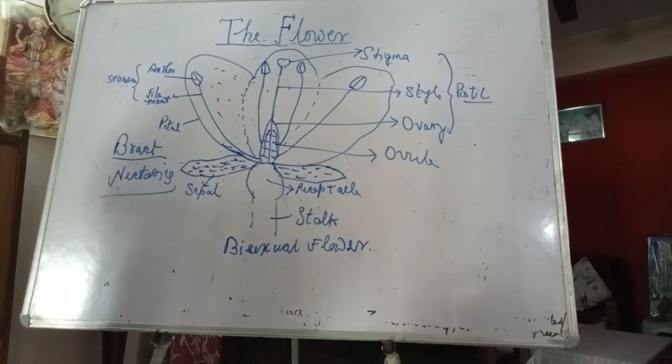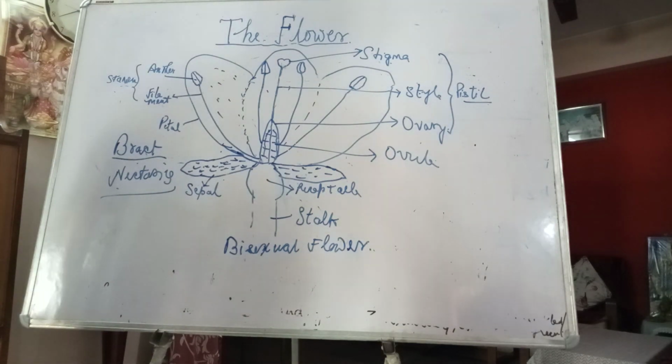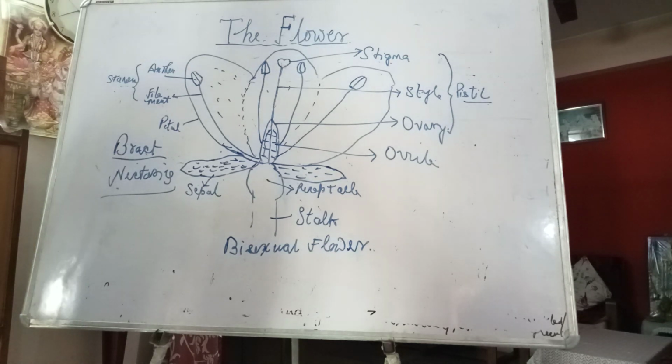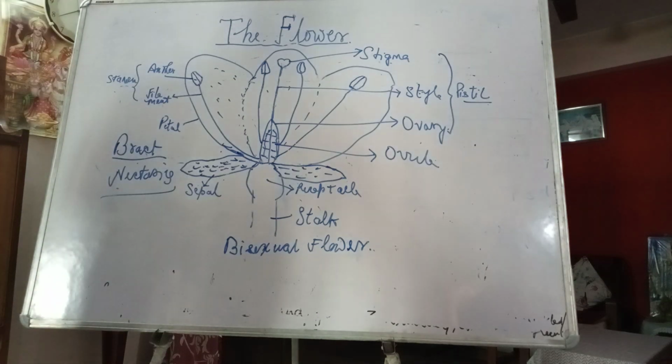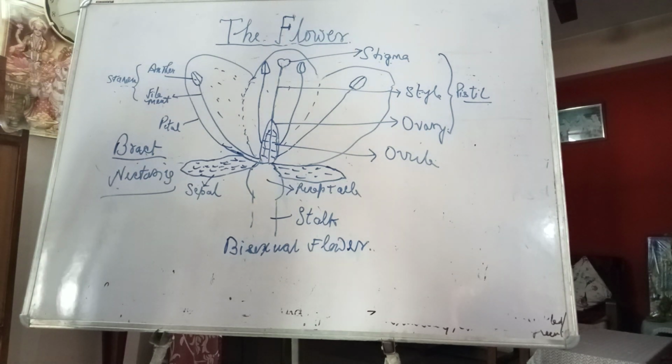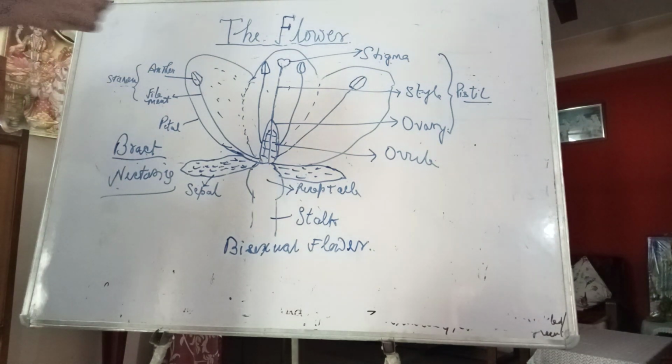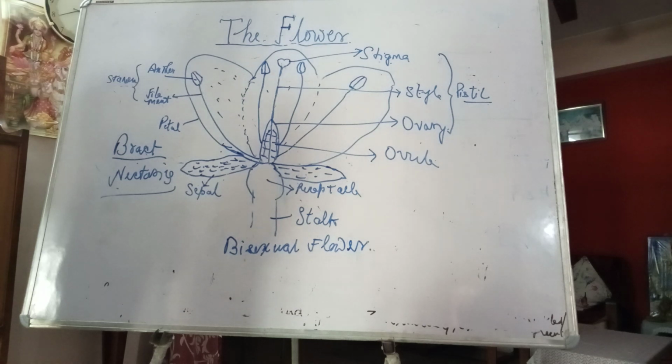And then come the other important terms, which are monoecious plants and dioecious plants. Monoecious plants means in the same plant both the flowers are there, the male flower as well as the female flower, the flower containing only the stamen and the flower containing only the pistil. So both kinds of flowers are in one plant.